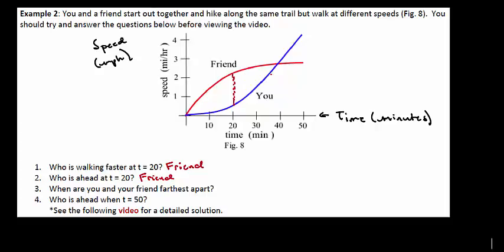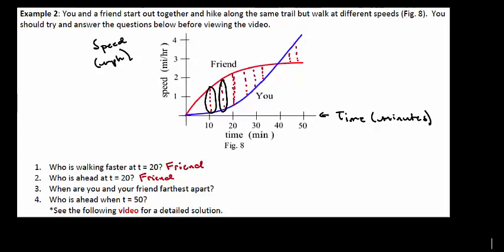If we take the difference between these two lines, okay, so I'm going to look at a couple spots here. Okay, so let's check these pieces off here. At this spot, your friend is walking clearly faster than you are, so your friend is getting further away.